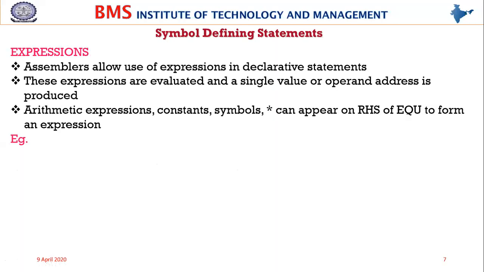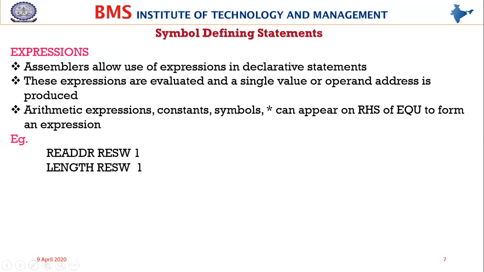And then we have also seen expressions. Expressions are specified using the EQU assembler directive itself. But on the RHS of EQU, it is not required to be only a value. It can also be a mathematical expression which will be evaluated and the value will be used.